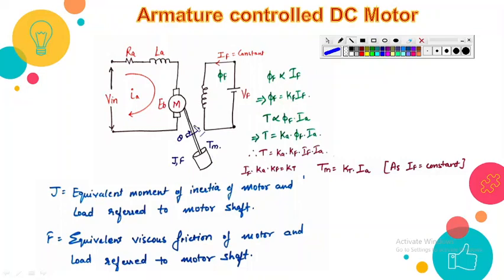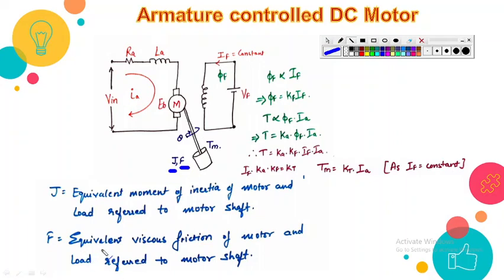So here we have written this mechanical part. We have mentioned that it can have some inertia value. J represents the equivalent moment of inertia of motor and load referred to the motor shaft. Then we have a fixed viscous friction portion.